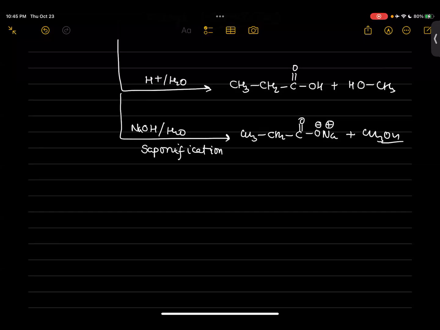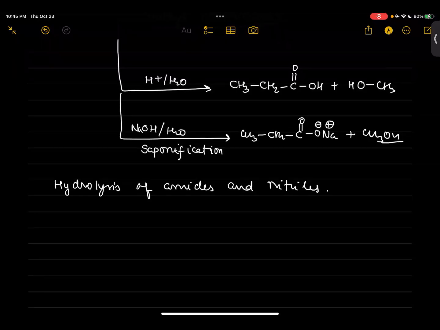We are going to come back to it in reactions or the preparation of carboxylic acid derivatives. Next is hydrolysis of amides and nitriles. That also can give us carboxylic acids.